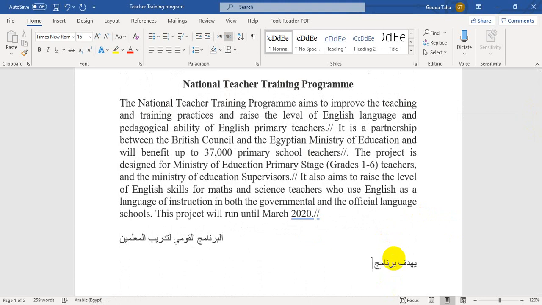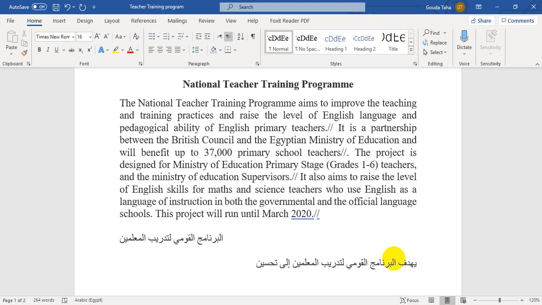برنامج or البرنامج القومي لتدريب المعلمين. Of course we can say المعلم or المعلمين, both of them we haven't changed the meaning here, so we could say يهدف البرنامج القومي لتدريب المعلمين والبرنامج القومي لتدريب المعلم إلى تحسين.